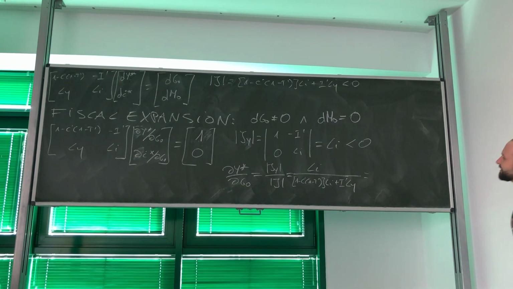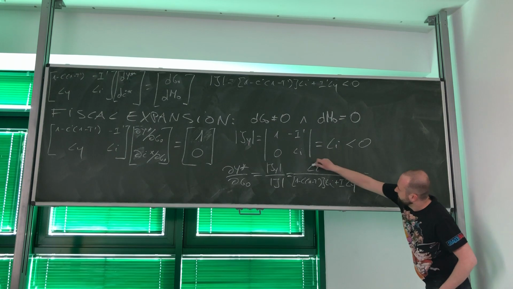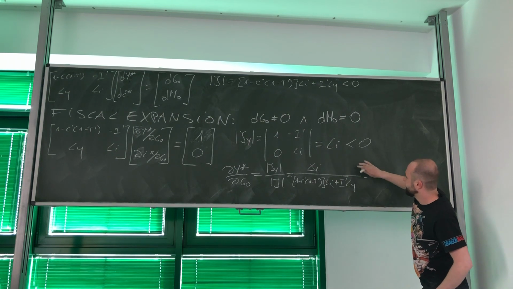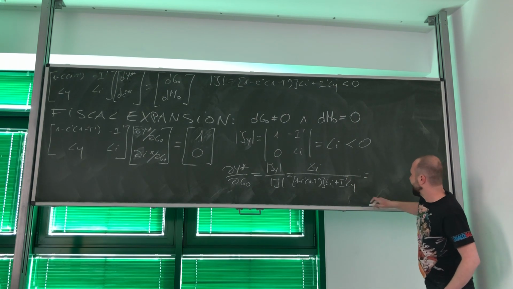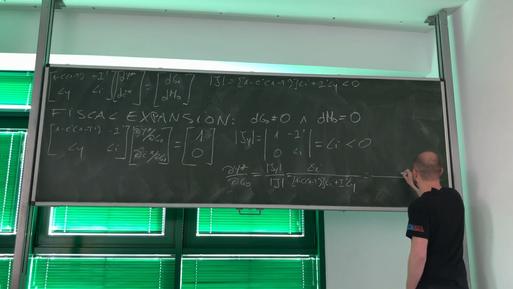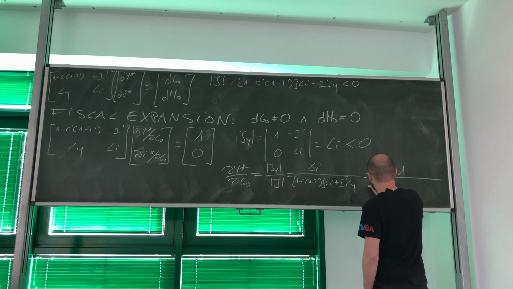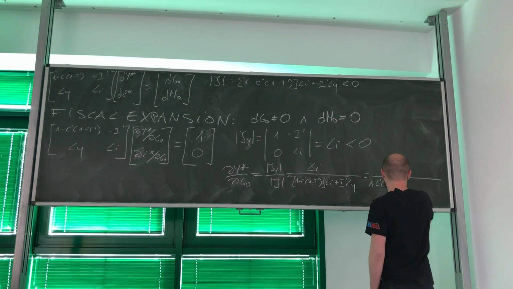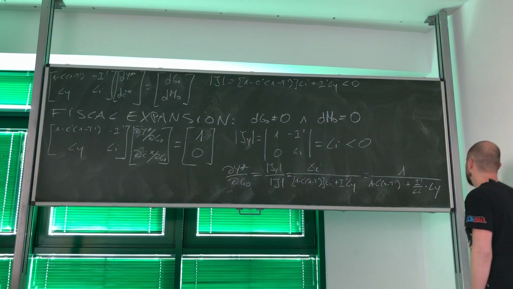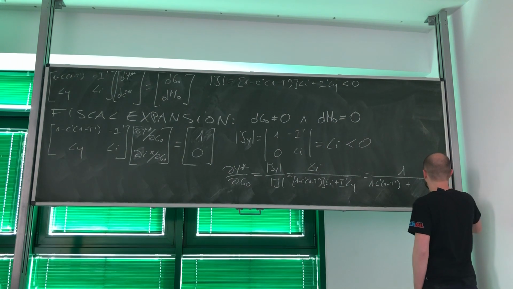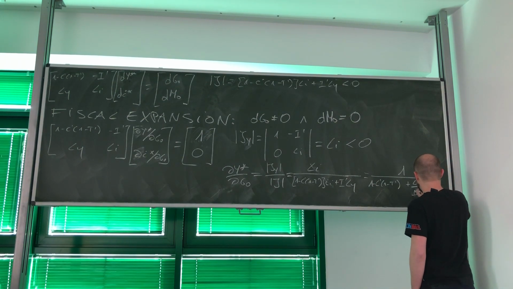However, I can simplify those. I can divide numerator and denominator by Li, and I'm going to get that this is 1 over 1 minus c prime, 1 minus t prime plus I prime times Ly over Li.